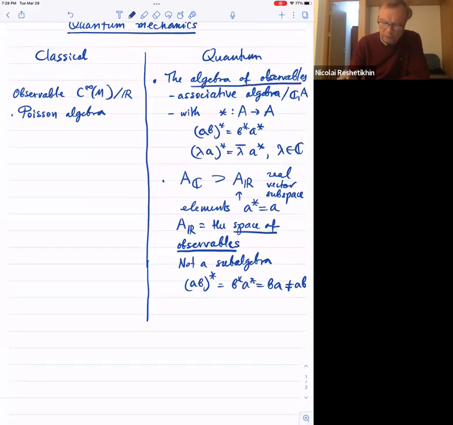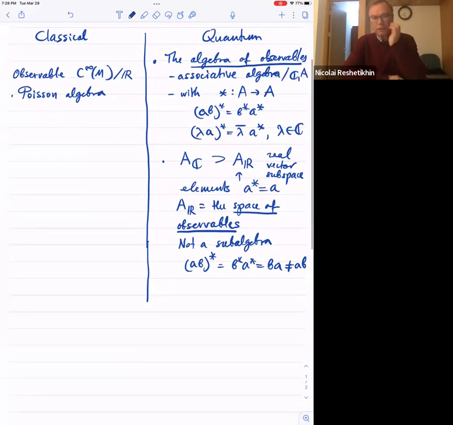And these are two different things. One is the subspace in the other. It's like you have the space of complex n by n matrices with Hermitian conjugation. In this space, you have the subspace of Hermitian matrices. The Hermitian matrices just form the vector subspace, not a subalgebra. Okay, and this is the counterpart of what we have here.